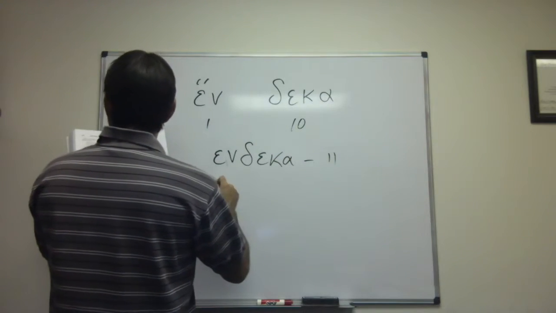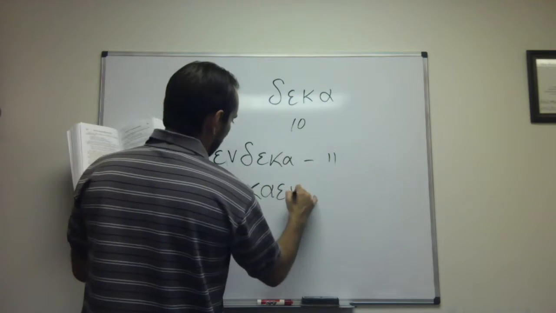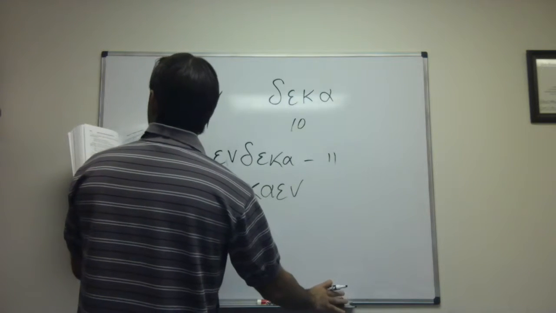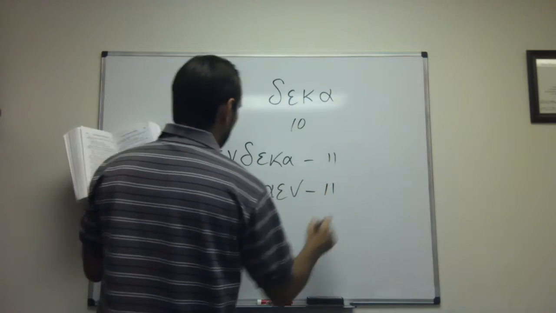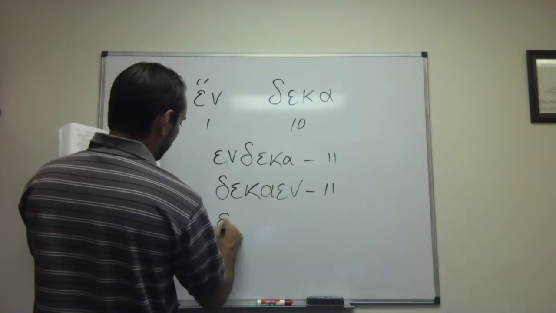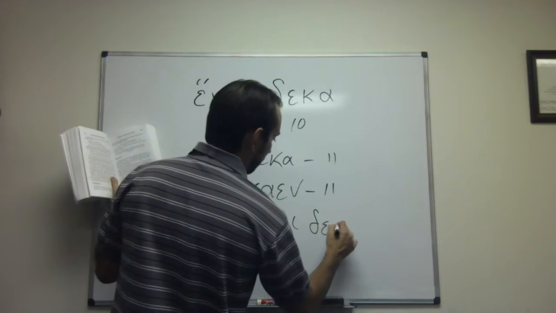I could make it a suffix, which I don't know if I see this a lot. That's a pretty rare thing, but you could do that. That would be 11. And then another one is you could do hen and with a chi in the middle, deca.